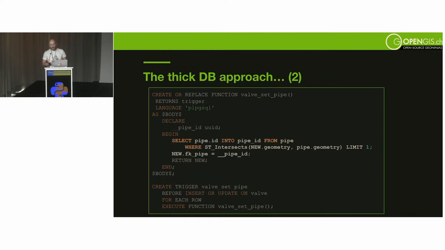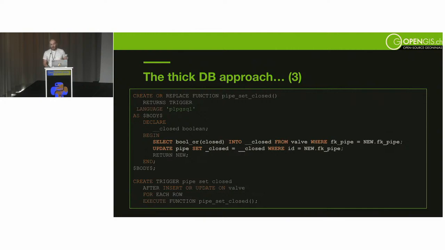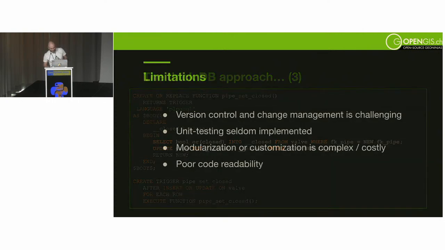So holding all the business logic within these triggers. So here in this example, one trigger to assign the pipe to the valve when we place it, and another trigger to update the pipe whenever we close the valve. So we close the valves, it updates the pipes connected to it. Makes sense? Easy, cool. Thank you.